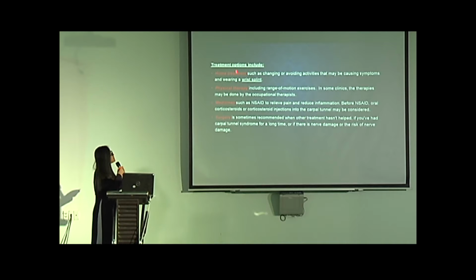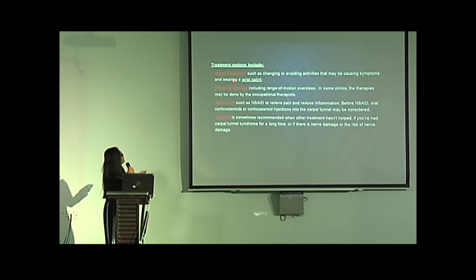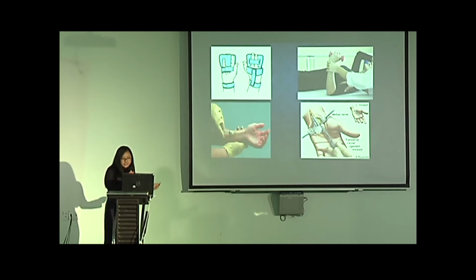The home treatment involves changing habits or avoiding some activities that may be causing symptoms. If your symptoms are mild, 1 to 2 weeks of home treatment are likely to relieve your symptoms. It is also necessary for the patient to wear a wrist splint. What is a wrist splint?